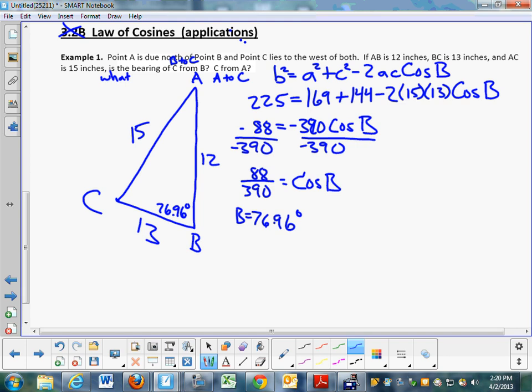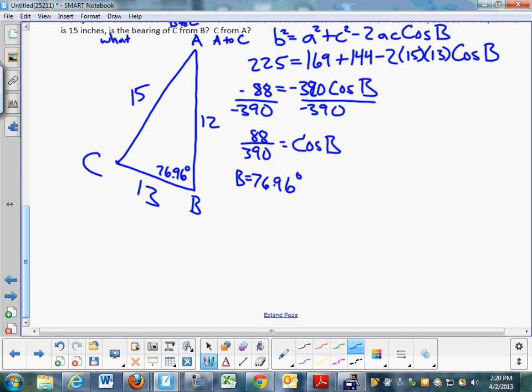Everybody okay with that? Any questions? Oh, I got that. How can I find another angle now? Law of sines. Set it up. Sine of 76.96 degrees divided by my opposite side, which is 15, is equal to the sine of A divided by 13.